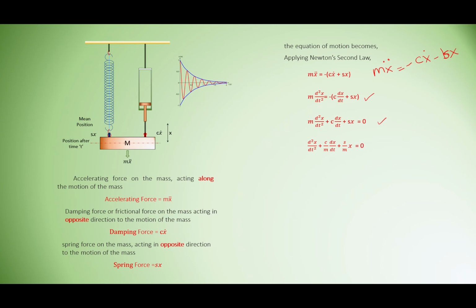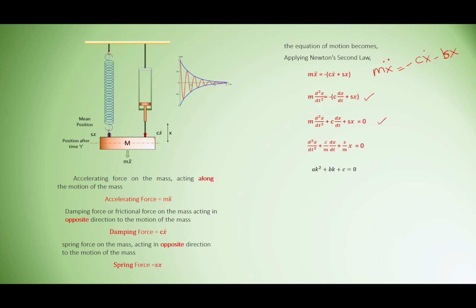If you divide the whole equation by the mass, you will have C over m and S over m, where S over m is the spring stiffness divided by the mass attached to the system.